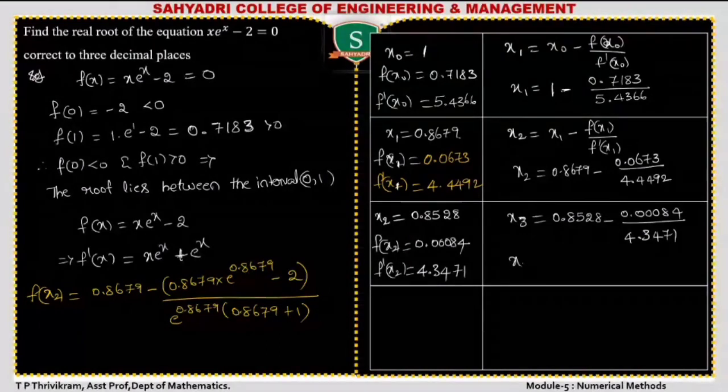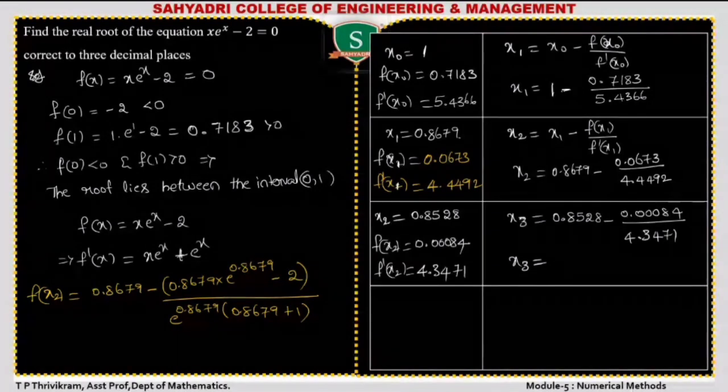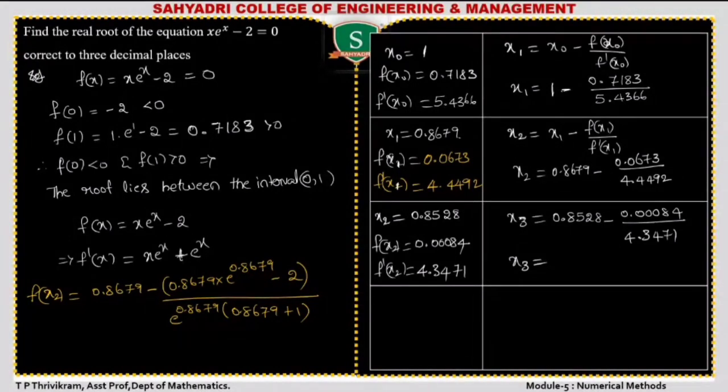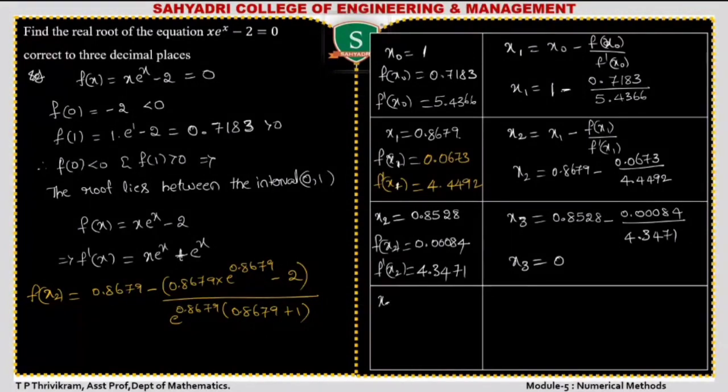So x3 is equal to, just check it once, 0.8528 minus 0.00084 divided by 4.3471, which is 0.8526.